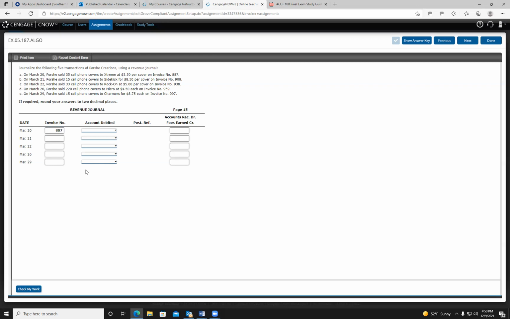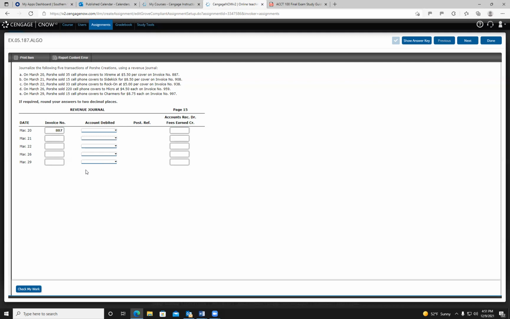Now the next thing it's asking is what account is debited. Let's think about this. This is our revenue journal, and what we're recording on a revenue journal is basically our accounts receivable subledger, if you think about it. All of these transactions were sold on account, because they were sold using an invoice.